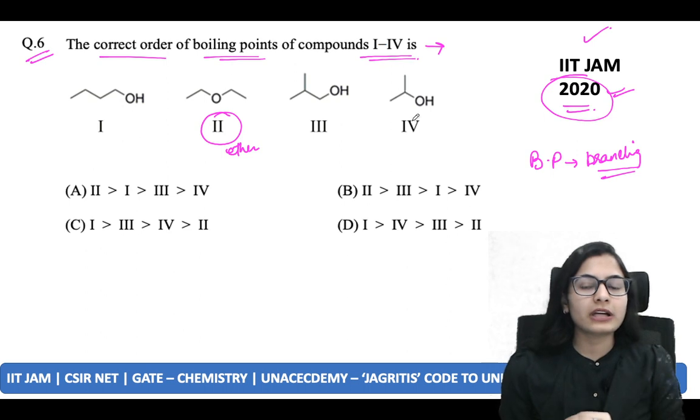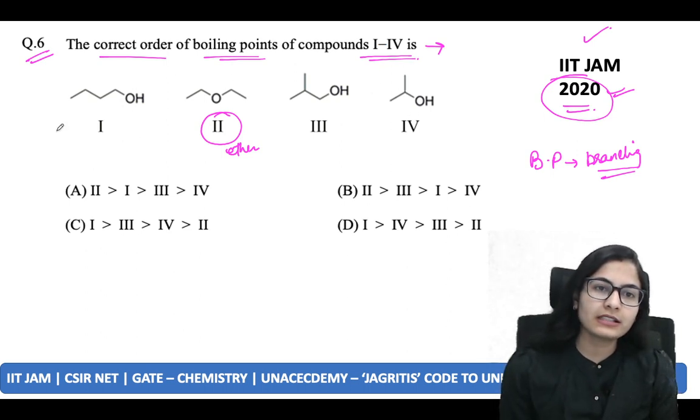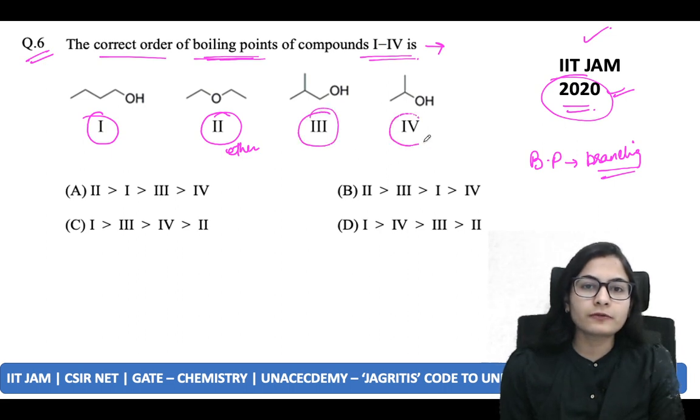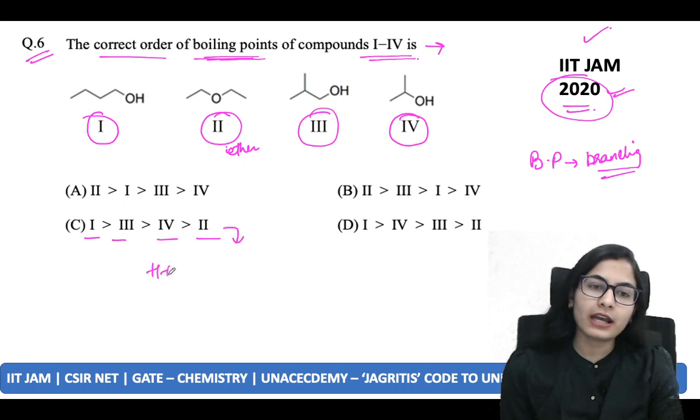Now greater the branching, lesser is the boiling point, and that is why 1 is going to have a maximum packing and maximum boiling point, then goes your 3, then goes 4 because it is having maximum branching, then lastly comes 2. So your answer is 1 greater than 3, greater than 4, greater than 2, and this is based on hydrogen bonding as well as branching, both of these concepts together.